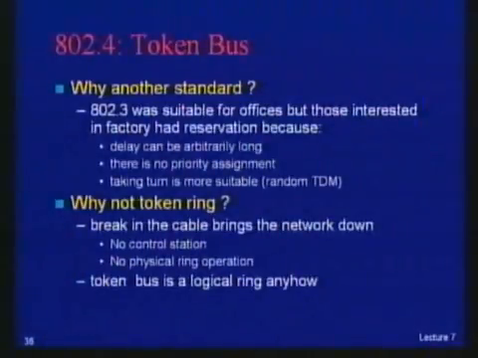Okay. Now, 802.4, token bus. If you go to the recent 2003 book by Tanenbaum, he doesn't even mention 802.5 much. In the year 2000 edition, our textbook, he has 802.5 but doesn't have 802.4.